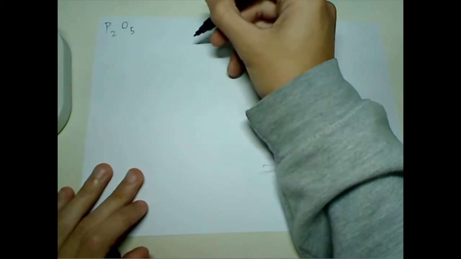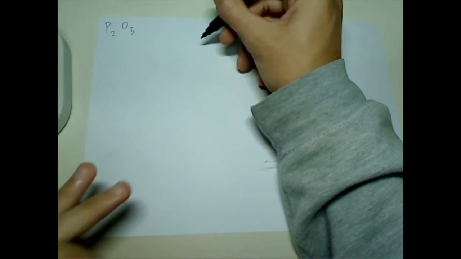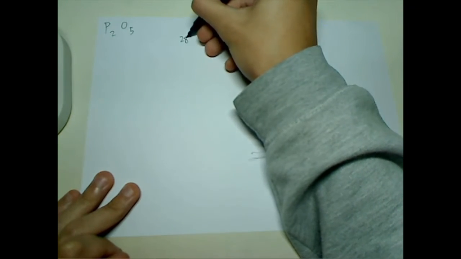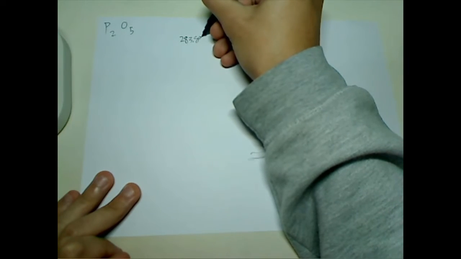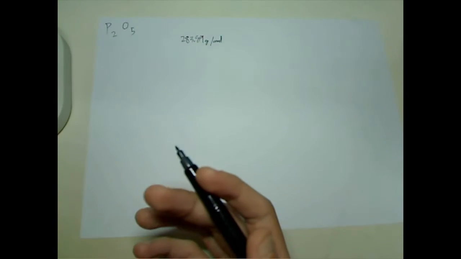And using this and one more piece of information, which is the molar mass of this compound, they ask us to find the molecular formula, which will show the exact number of atoms of each atom in this compound.